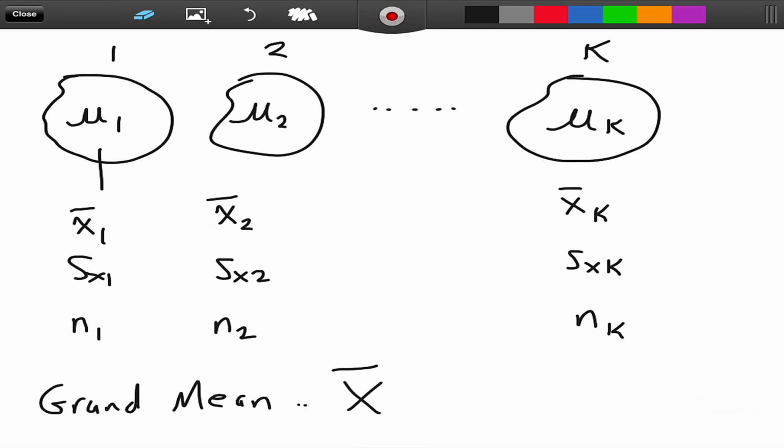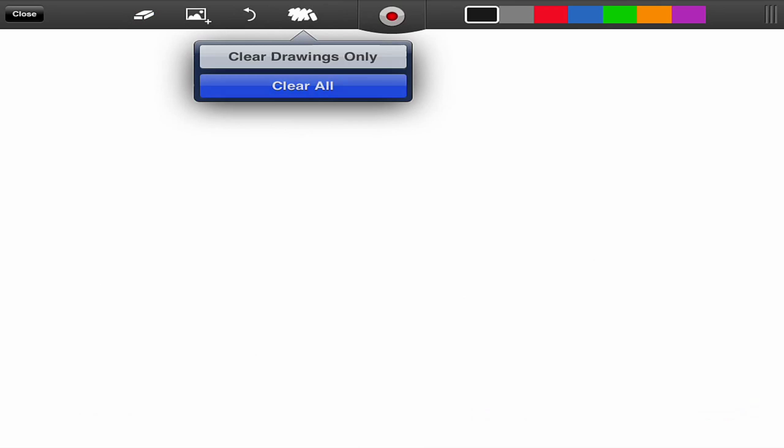The grand mean is what we get if we add all the samples together; it'll be the mean of all the samples. Now, where I'm really wanting to get here is the next thing, and that's a demonstration of what actually happens.